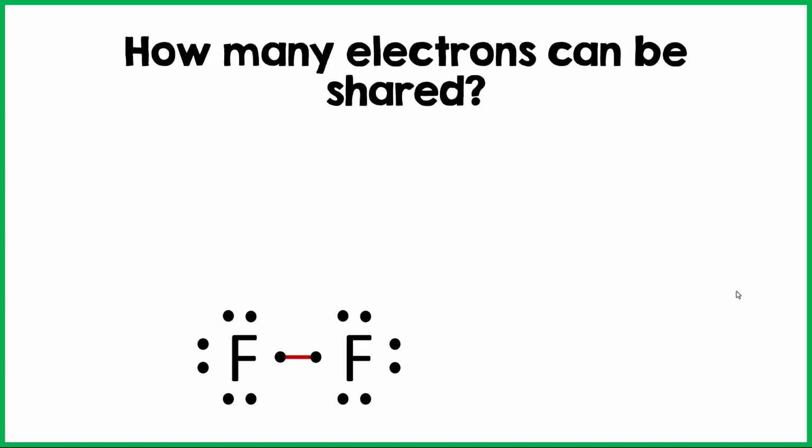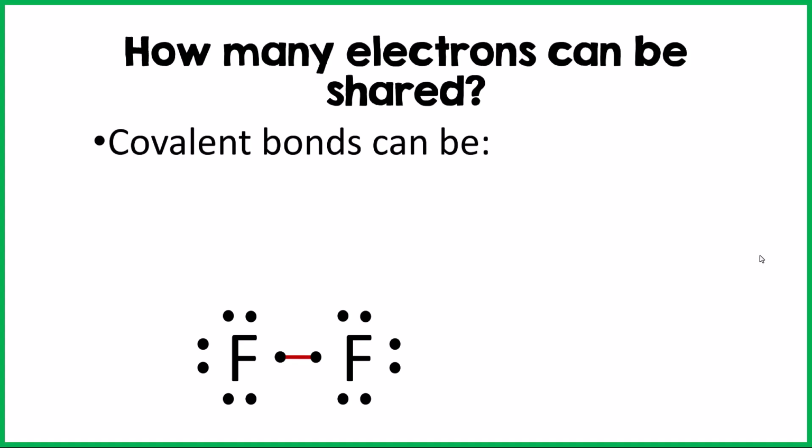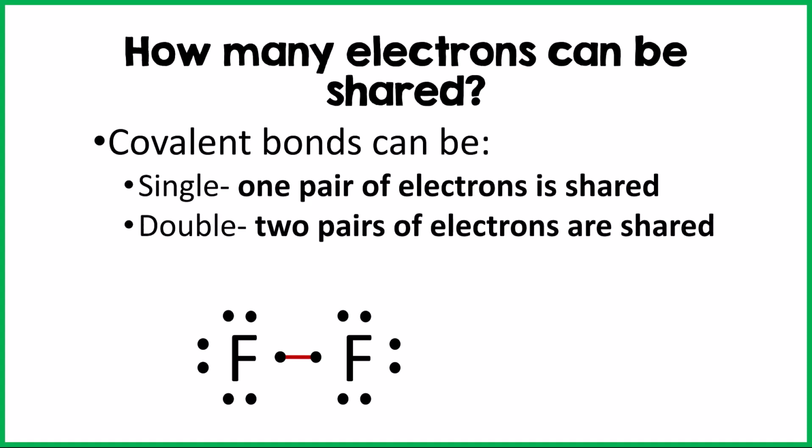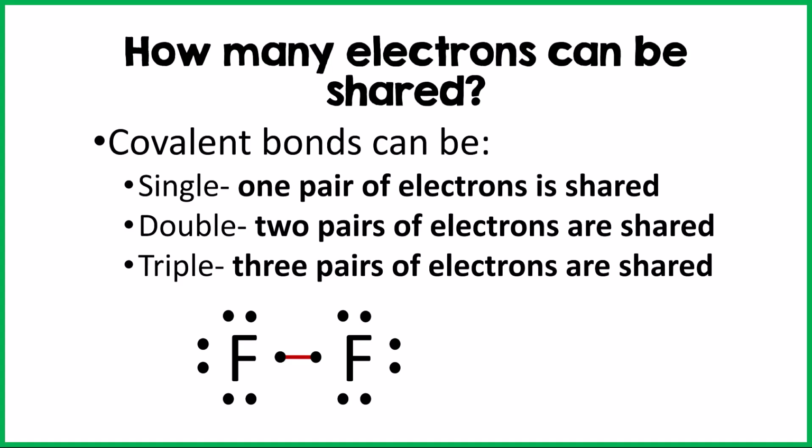But how many electrons can actually be shared? We've been talking about sharing electrons, but not necessarily numbers. Well, covalent bonds can be single, in which 1 pair of electrons is shared, double bonds, in which 2 pairs of electrons are shared, or 4 electrons total, or it can be a triple bond, in which 3 pairs of electrons are shared.